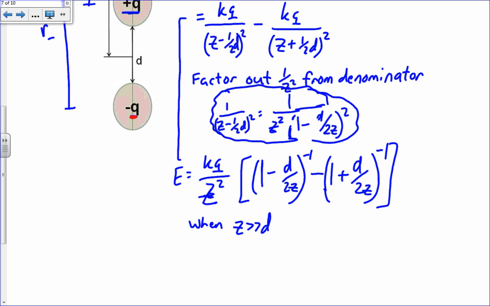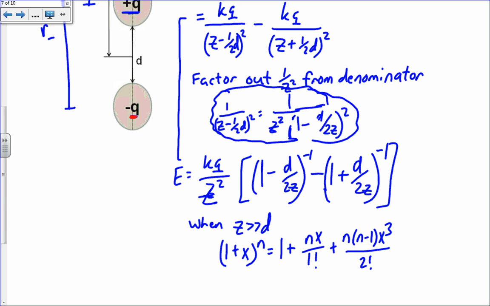You can use the binomial theorem, which says that 1 plus x to the n is equal to 1 plus nx over 1 factorial plus n times n minus 1 x squared over 2 factorial plus dot dot dot, and that goes on forever.